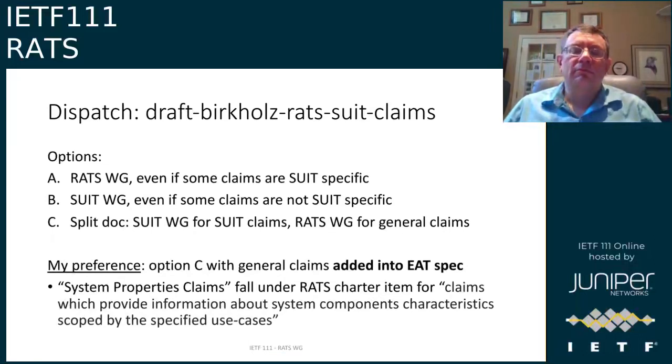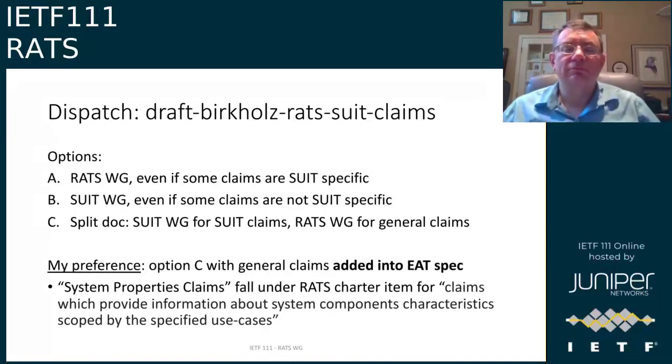They are more generic, and that's intentional. Even battery life is more generic than SUIT apparently, but maybe not TEEP specific. So all the system property claims are SUIT agnostic, and are to be placed in RATS. And if you want the other section to be in SUIT, I'm not strongly arguing against that. It cuts the idea in half.